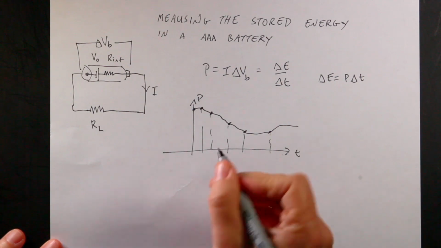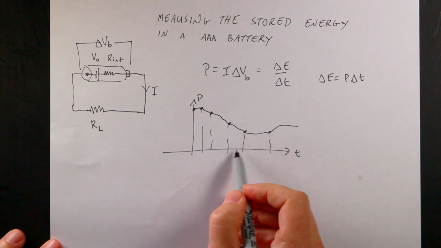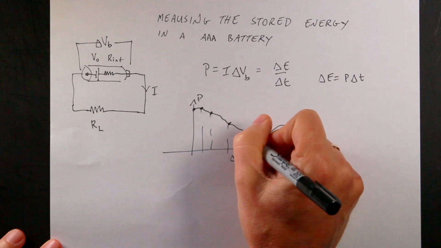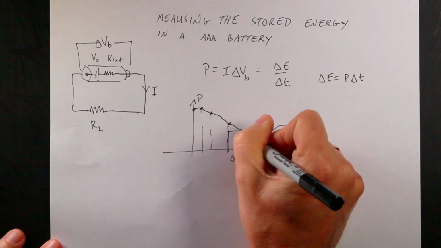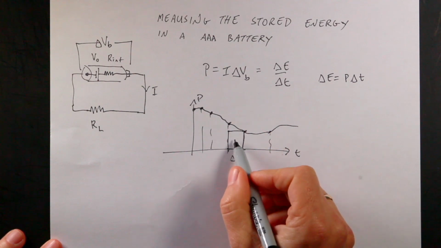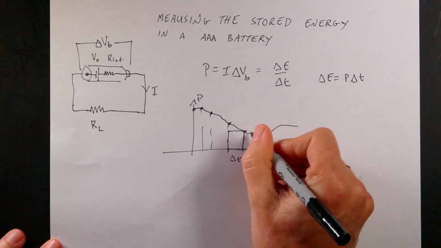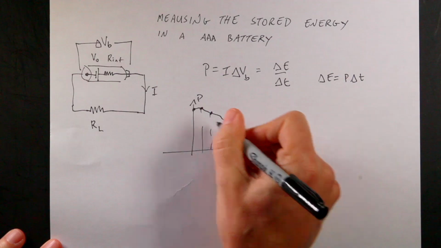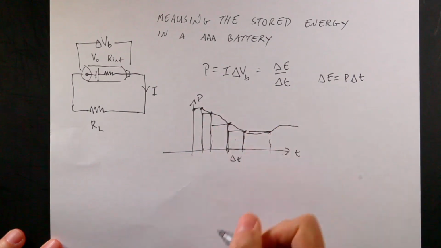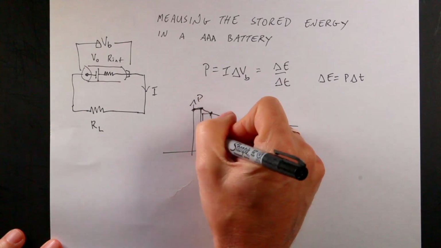But if I think about each of these little blocks of delta T, then I can calculate the change in energy as the area of one of these rectangles. And so I have a whole bunch of different rectangles. I'm drawing these from the back side, but you could do it either way. That's just the way I did it before.